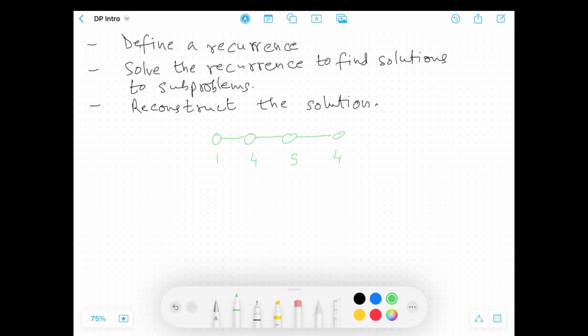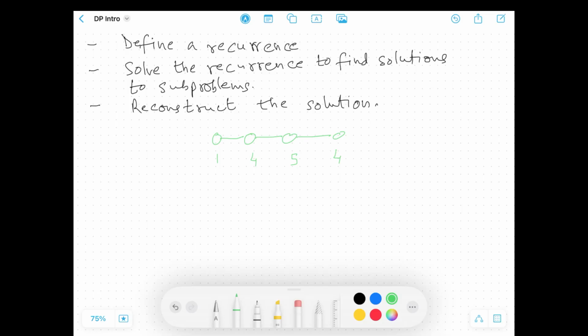What we have to do is find the maximum weighted sum of the vertices, and the condition is two vertices cannot be adjacent.